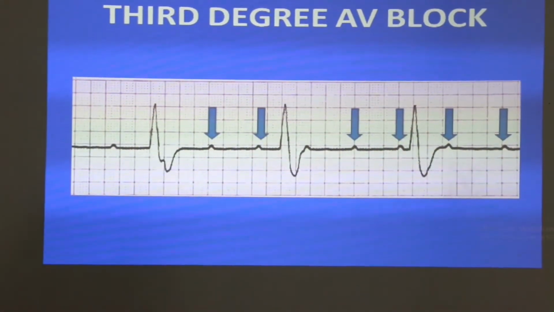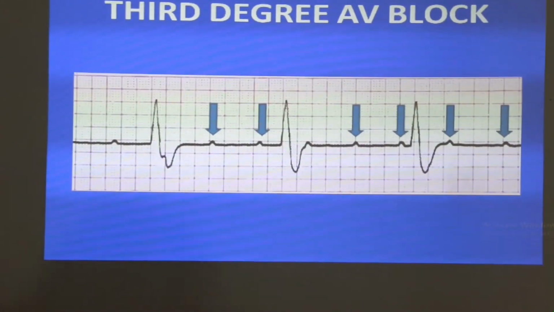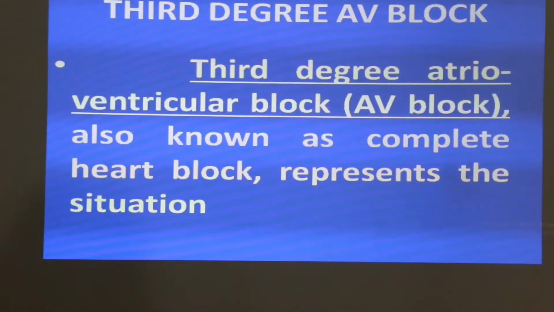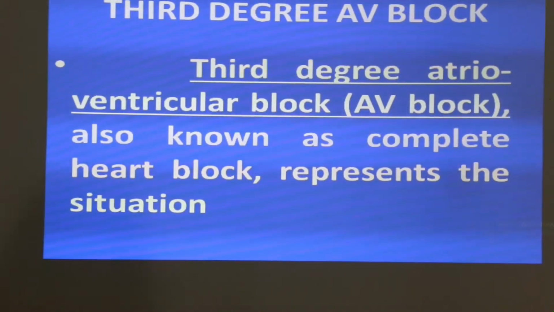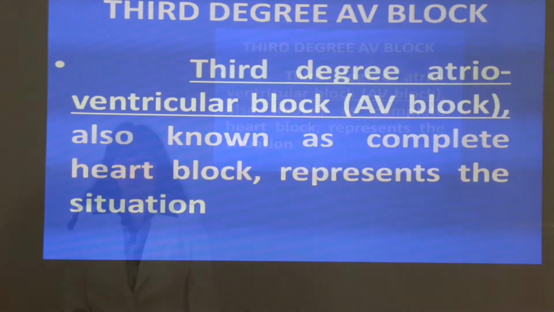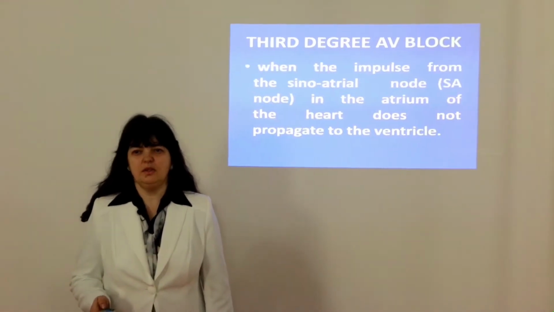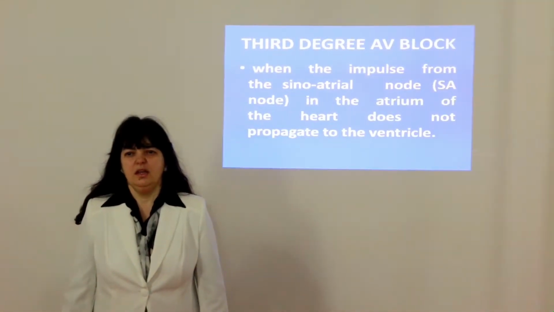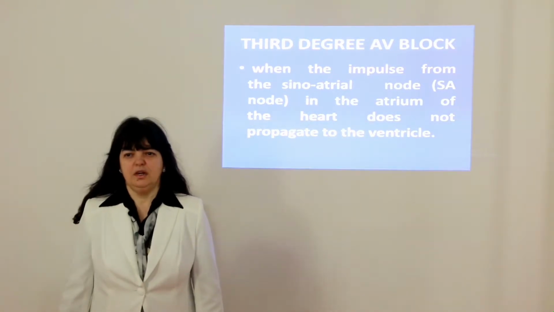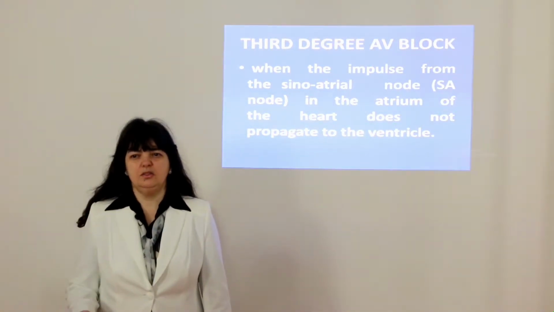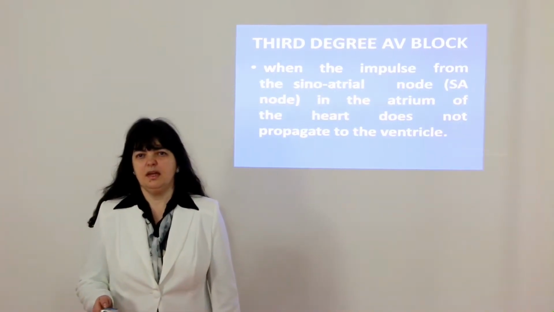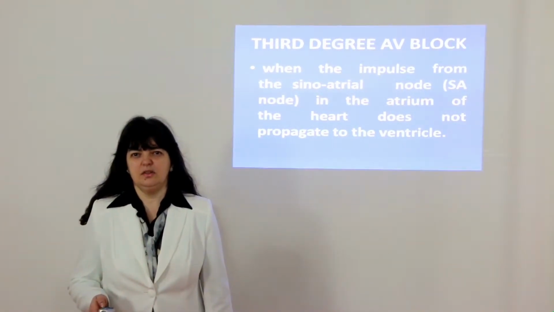So in conclusion, on the ECG exists a complete third-degree AV block. Third-degree AV block, also known as complete heart block, represents the situation when the impulse from the sinoatrial node, from the atrium of the heart, does not propagate to the ventricle because there is a complete block at the atrioventricular node.